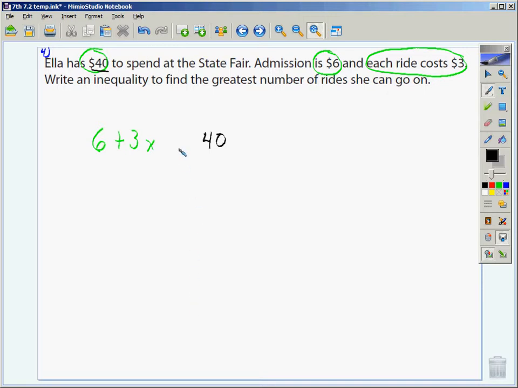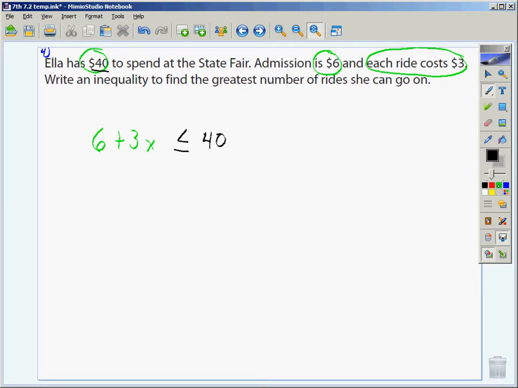Yes, she could spend up to 40. Can she spend more than 40? So this must be less than or equal to 40. Everybody with me? Understand where I got the inequality from?